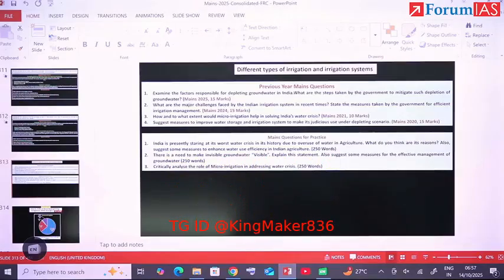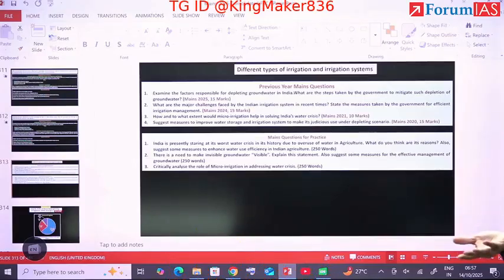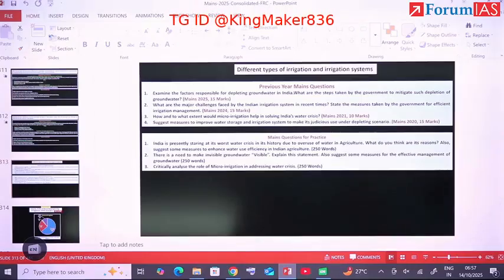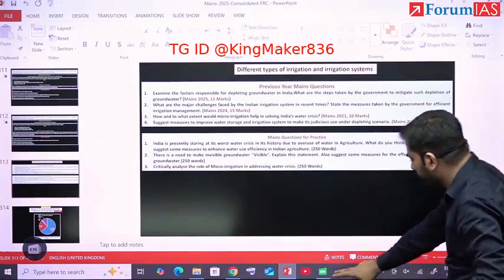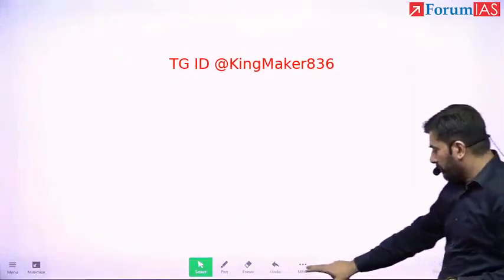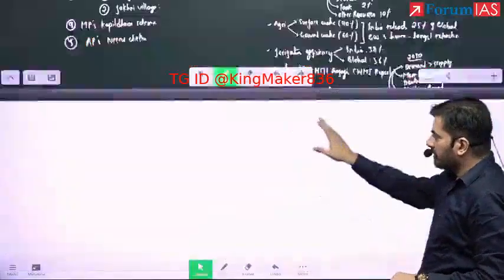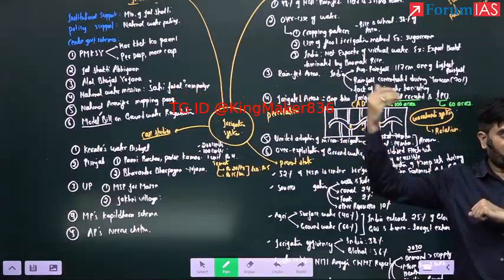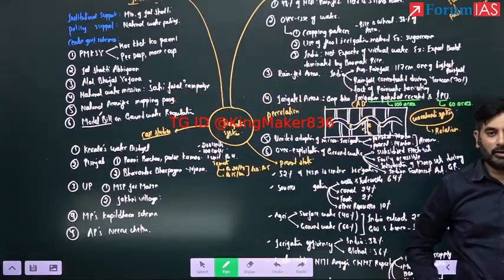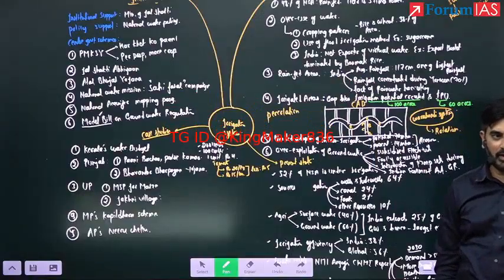Strategies. Demand side, supply side, legal side and institutional side. Done there? So what I'm trying to make you understand is, if you cover this topic of irrigation system, the same points can be modified to write an answer about groundwater. Way forward, what should the way forward be here?